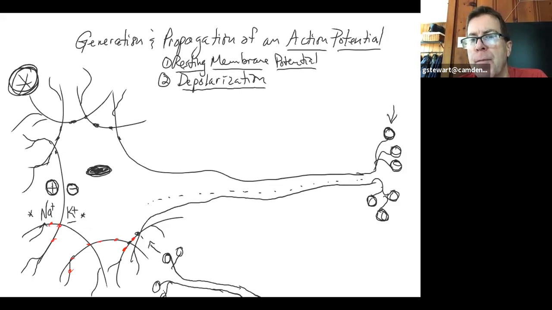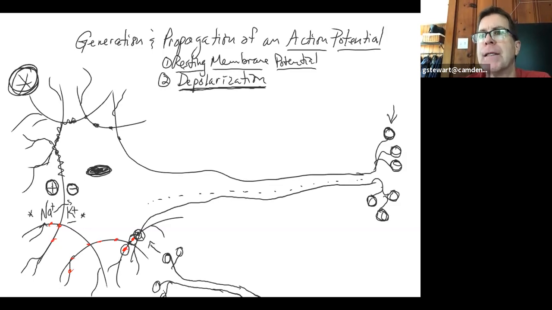If these receptors receive neurotransmitter, it causes a change. Let me go back to black. It causes a change in the polarization along here. We call this depolarization because what happens is, when this neurotransmitter binds to these receptors, sodium gates, those protein gates, open up and sodium leaks into the cell. That's an act of depolarizing the cell.